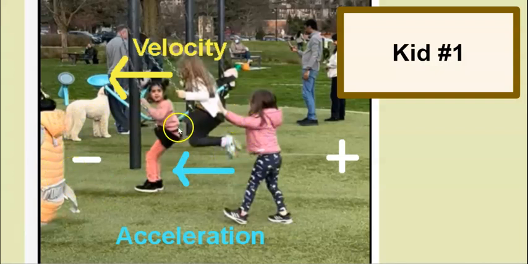Friendly was pushing swinger number one to the left, so their push was negative. And so the velocity is negative and the acceleration is negative. But I hope that it makes sense that the person on the swing was speeding up because they were getting an assist from their friend.